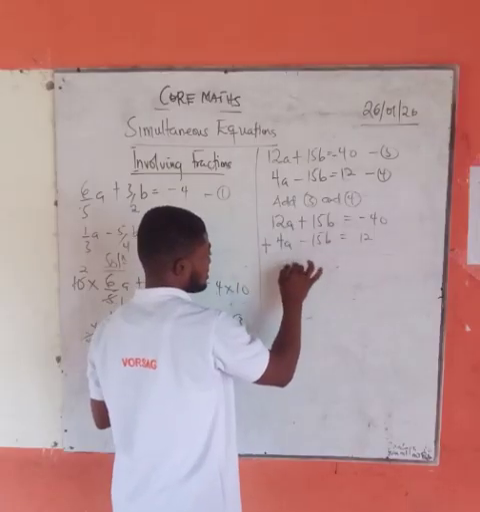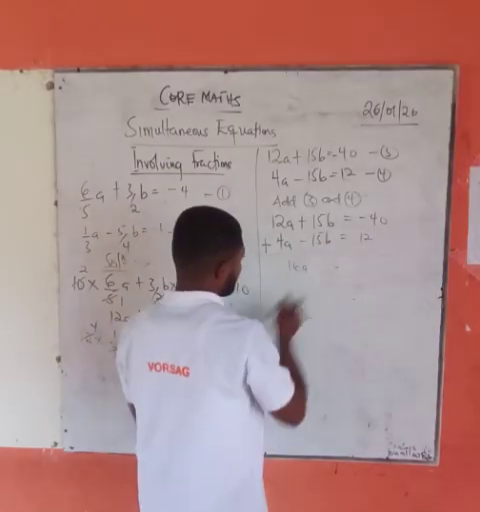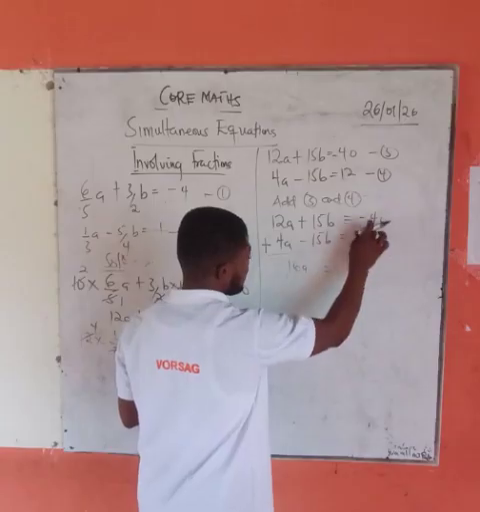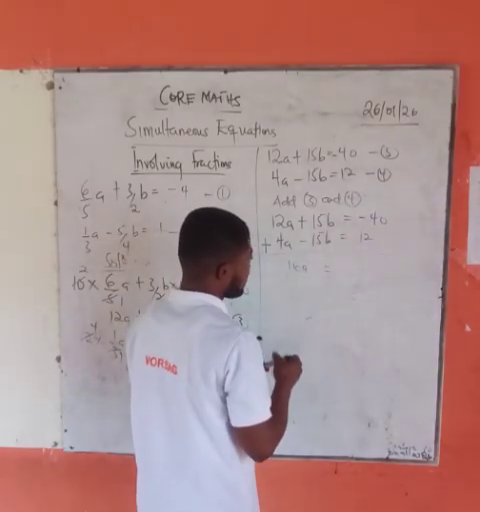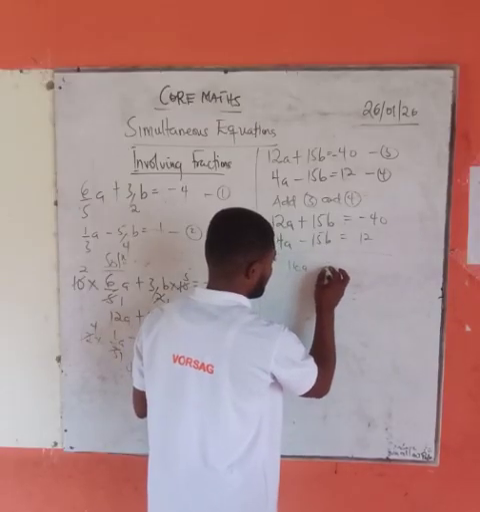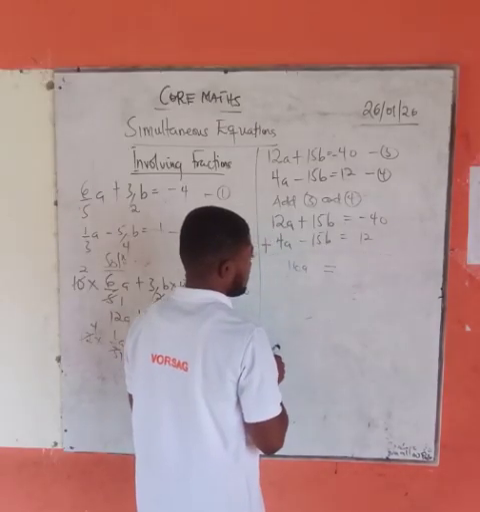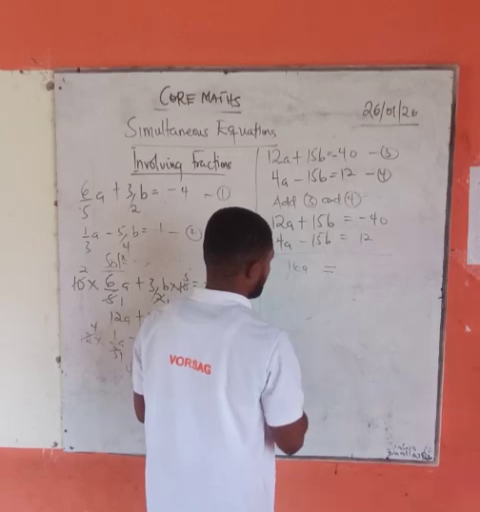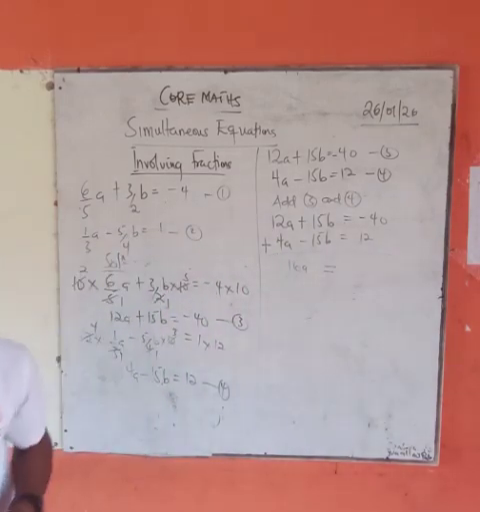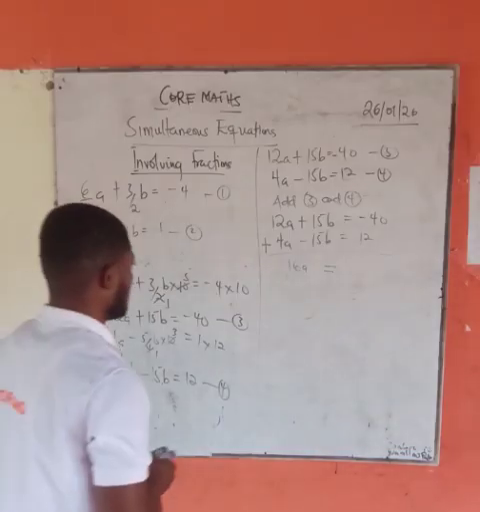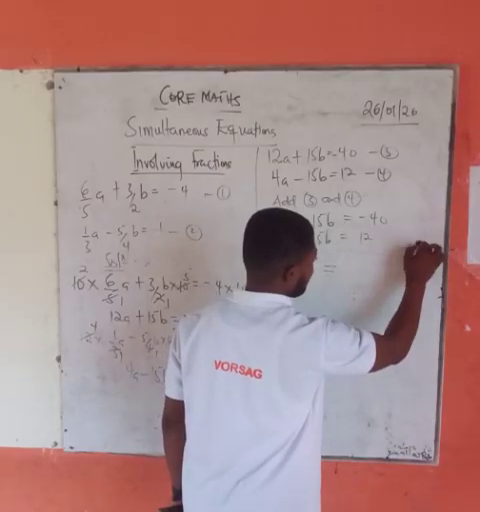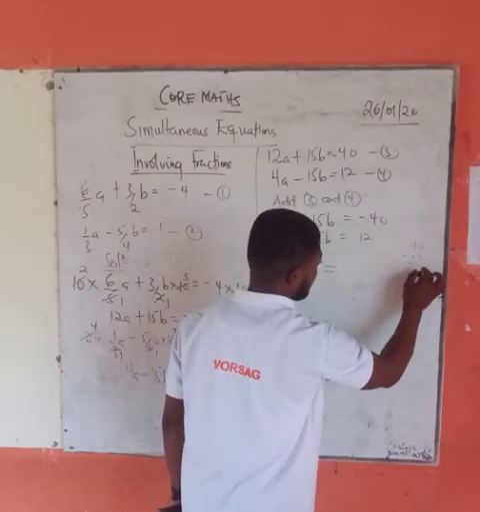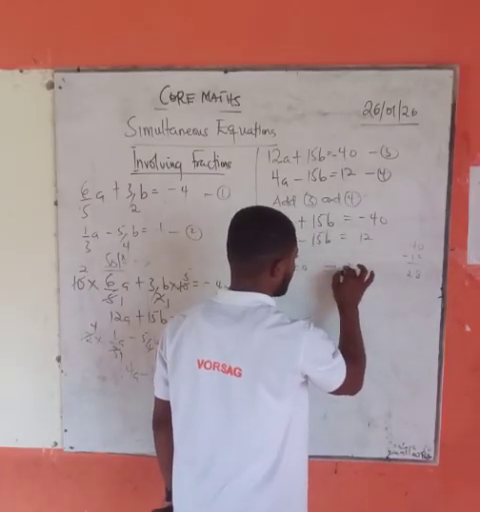This is 16a, then this sign goes out, leaving this plus this, minus 52. Sorry, that will give us 40 minus 12, so 28.